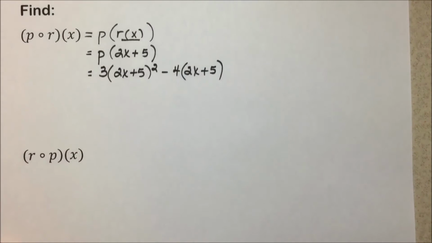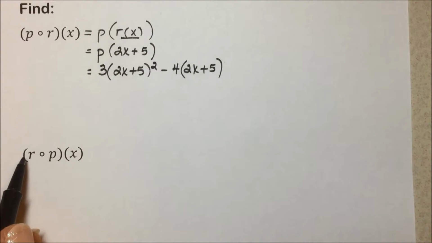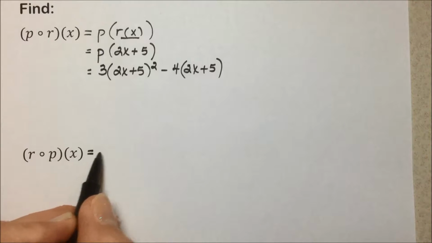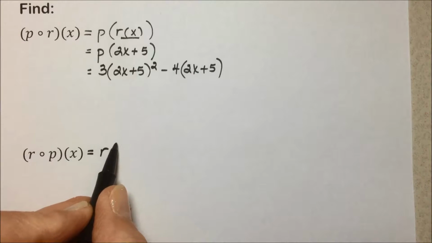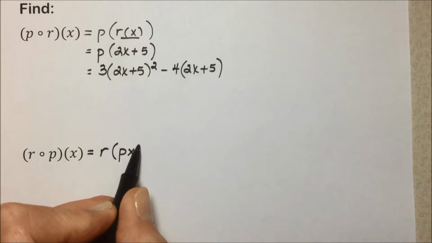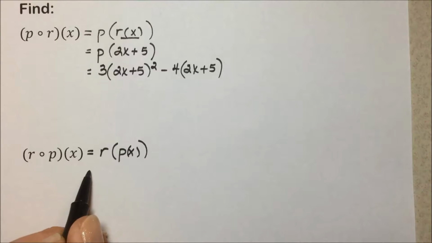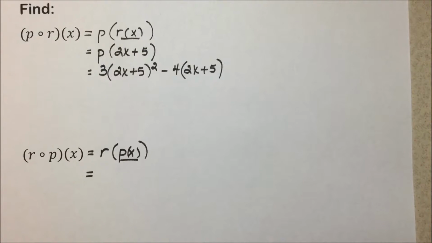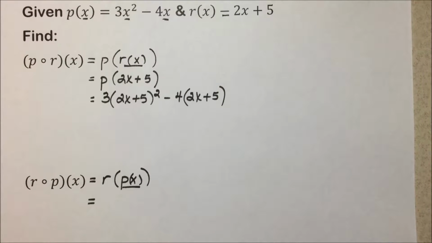In this next example, we have the composition r of p of x, which can be translated into r of p of x. Working from the innermost, let me slide this back down so we can see our rules. P of x, by definition, is 3x squared minus 4x, so substituting p of x for the expression, we now have the function r of this quantity.